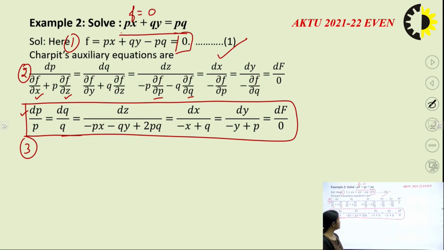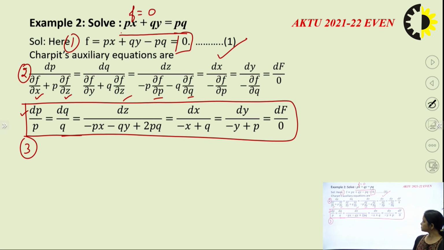The next step is to find the solution of this auxiliary equation, and this solution must contain p or q or both. So here again we have to select a pair of fractions such that the resultant integral must contain p or q or both.